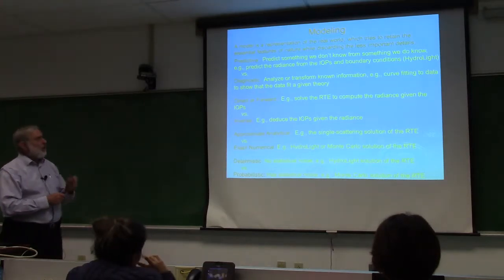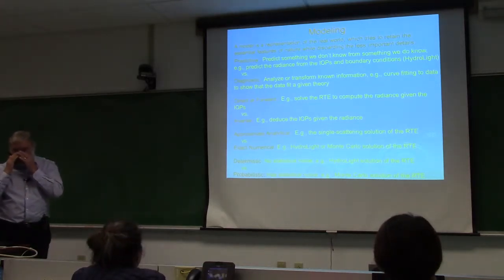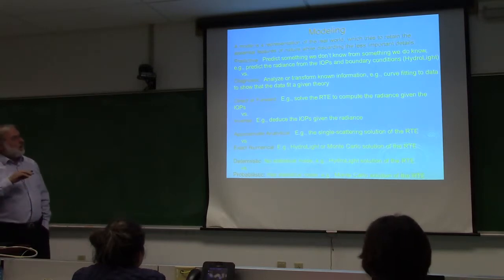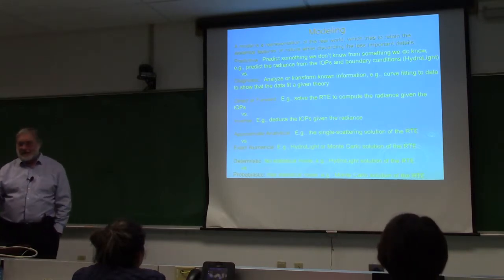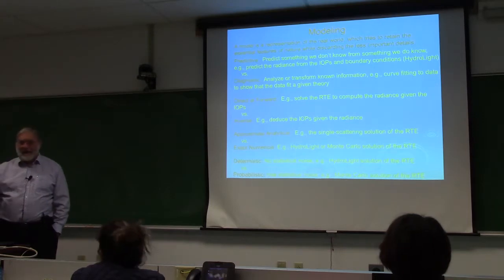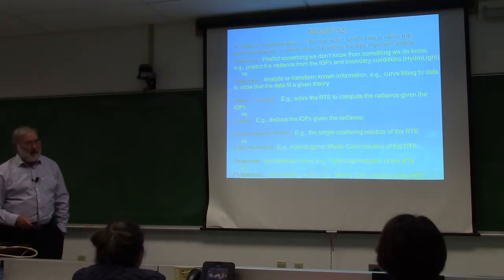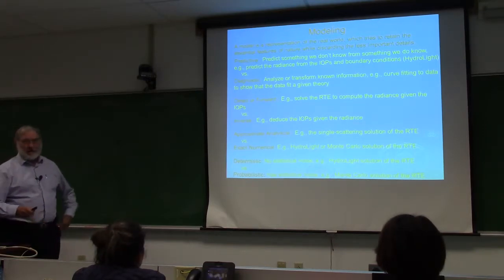Okay, the whole business of modeling, just once again, some more terms here. First of all, a model is just some representation of the real world, and in the model you try to retain the essential features of what's going on in nature, but not have in the model the less important details. And so the model could be a physical model.